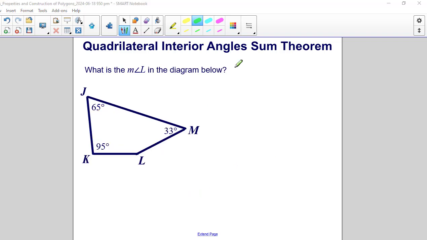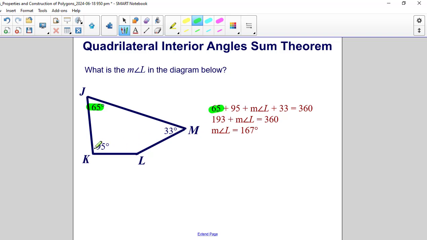What is the measure of angle L in the diagram below? We are given that angle J is 65 degrees, angle K is 95 degrees, and angle M is 33 degrees. We don't know what angle L is. That's the one we're trying to find right here. But we do know from the quadrilateral interior angle sum theorem that they have to total 360 degrees.